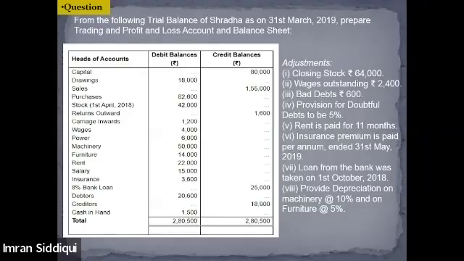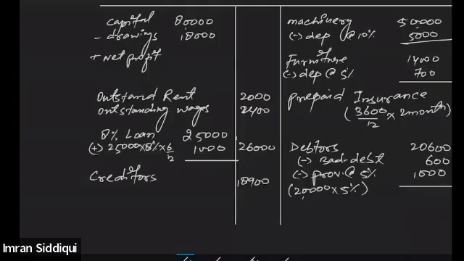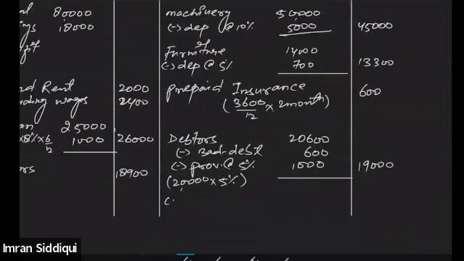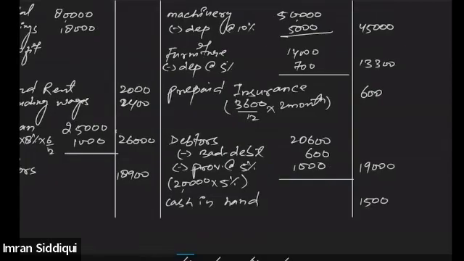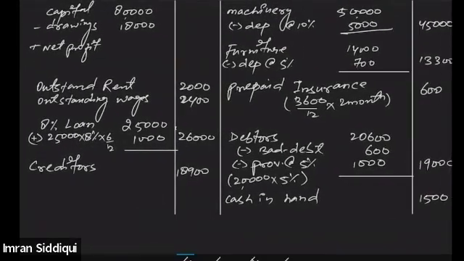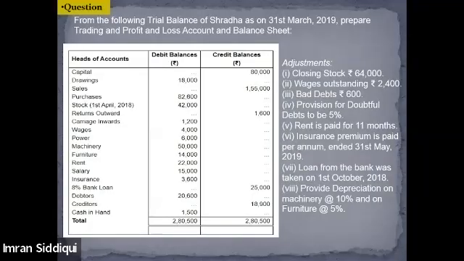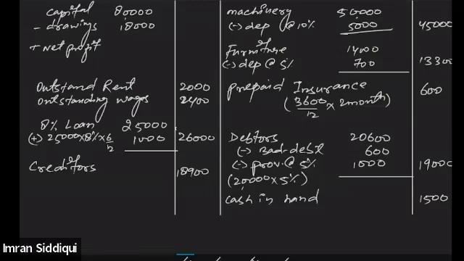And cash in hand is there. Cash in hand is an asset, $1,500. All right. Done. And one last item, closing stock. We'll record that in the balance sheet as well as in the trading account. So closing stock.